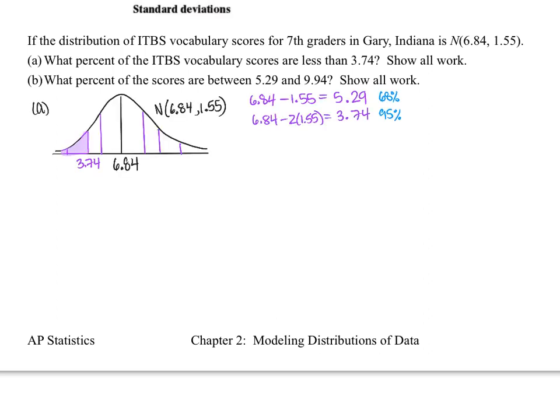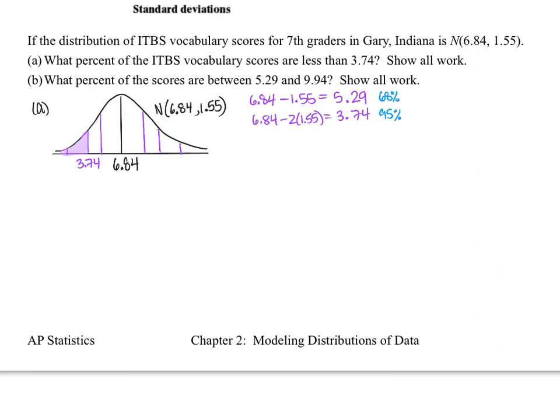We calculate that when we subtract 2 standard deviations from the mean, we end up with the 3.74. We're interested in the area to the left of the 3.74. We know that minus 2 standard deviations is associated with the 95%.